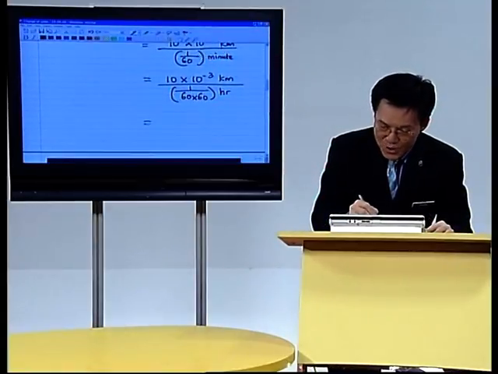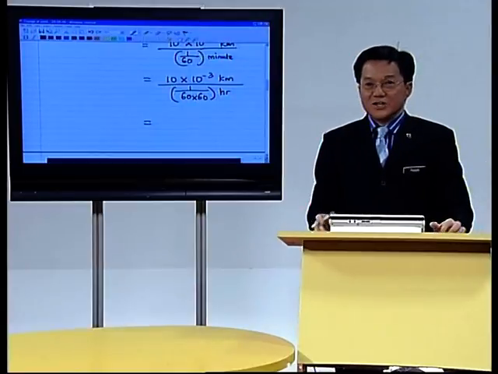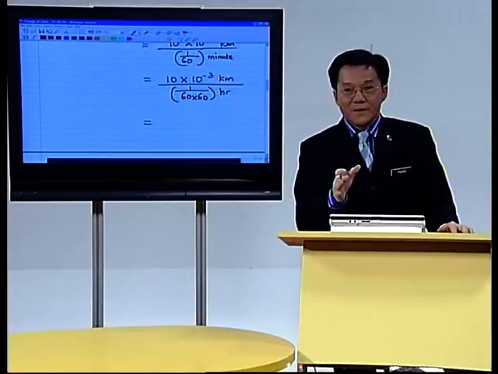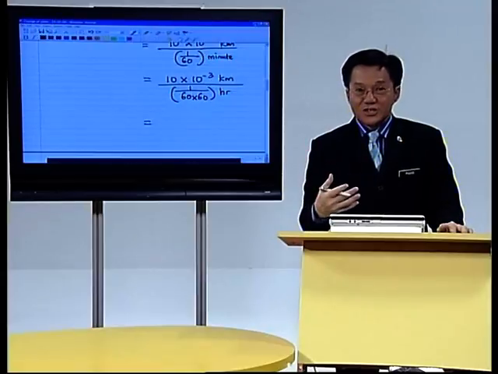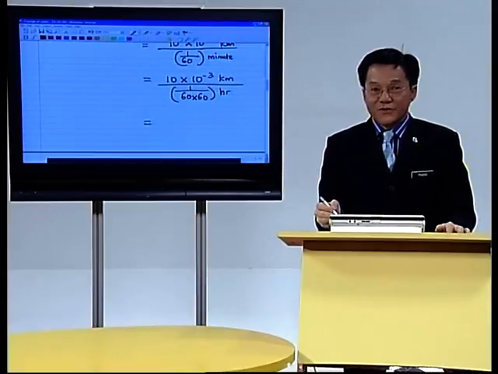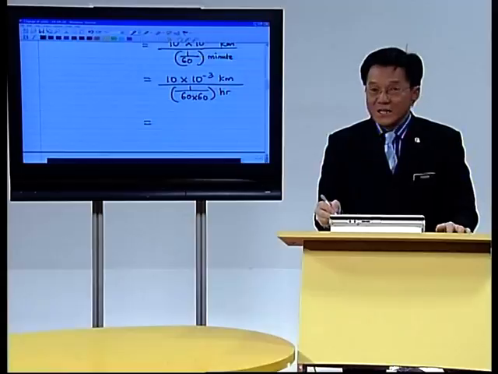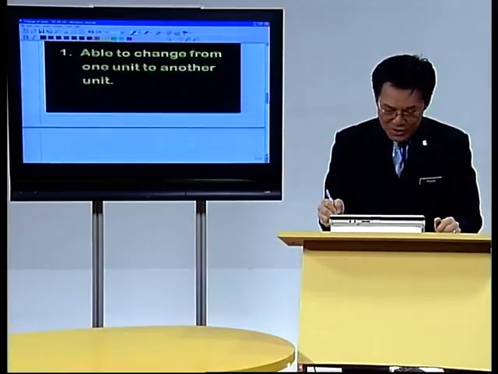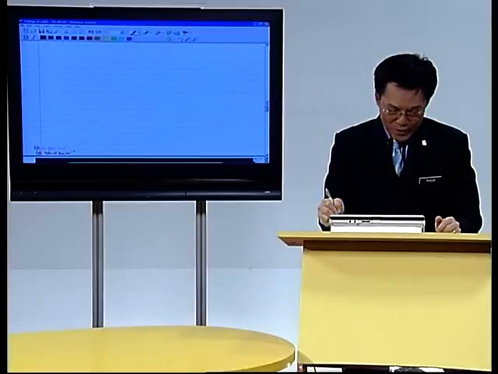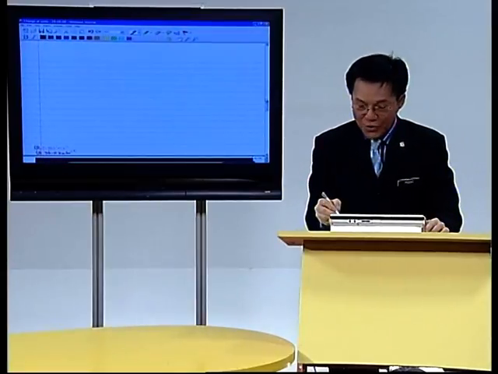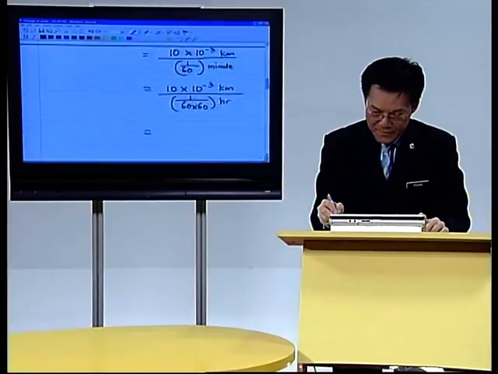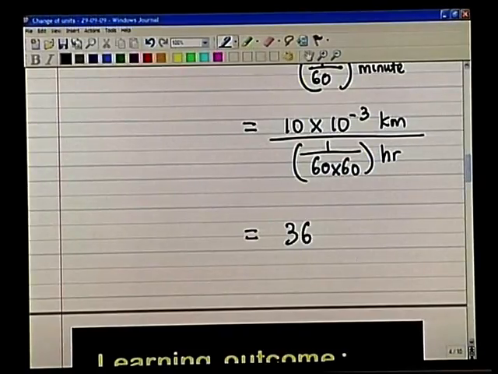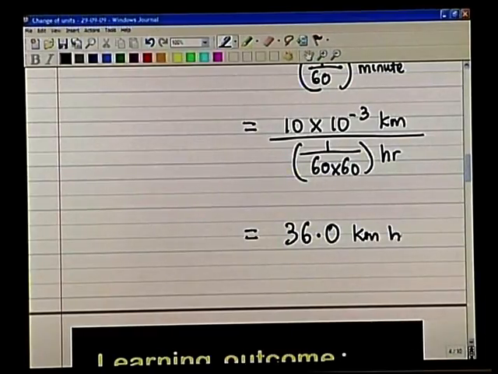And after this, once you work it out, use your calculators carefully. Be very careful about the divisions, the fractions, and so on and so forth. You should be able to get an answer that is approximately equal to the answer that I have worked out, which is about 36.0 kilometers per hour.